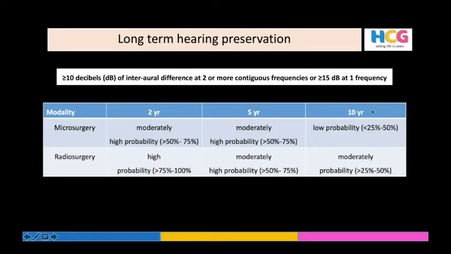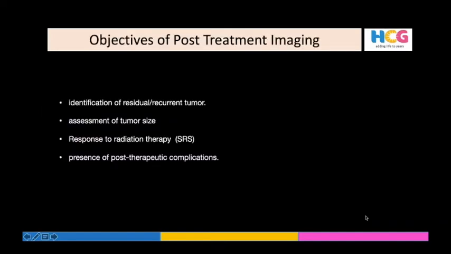But at the end of the 10th year, if you look into the long-term outcomes of the published meta-analysis literature, there is a slightly inferior probability for microsurgery compared to the moderately good outcomes which you see with radiosurgery.